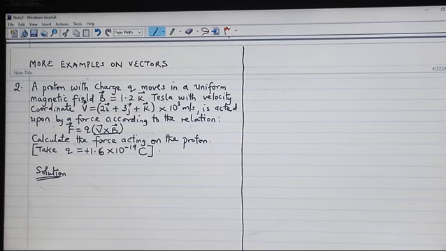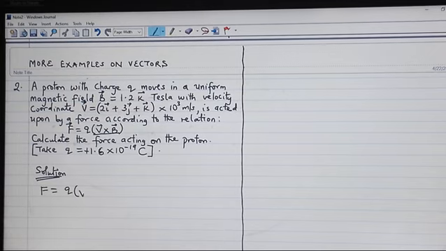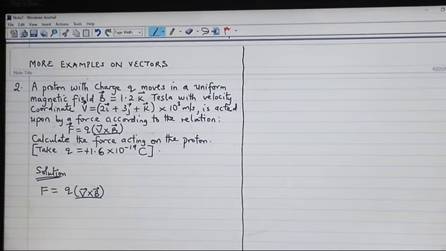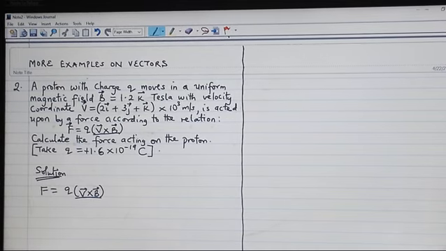F is given as Q into V cross B. We'll evaluate what is inside the bracket first before we proceed to multiply by Q, which is a scalar here. So this is like using a scalar to multiply the cross product of a vector.